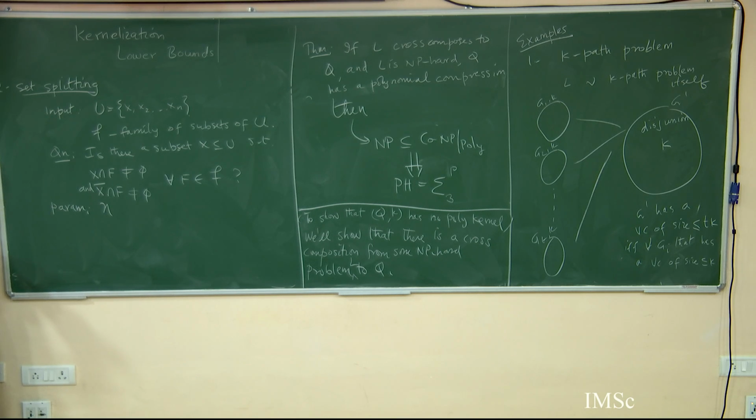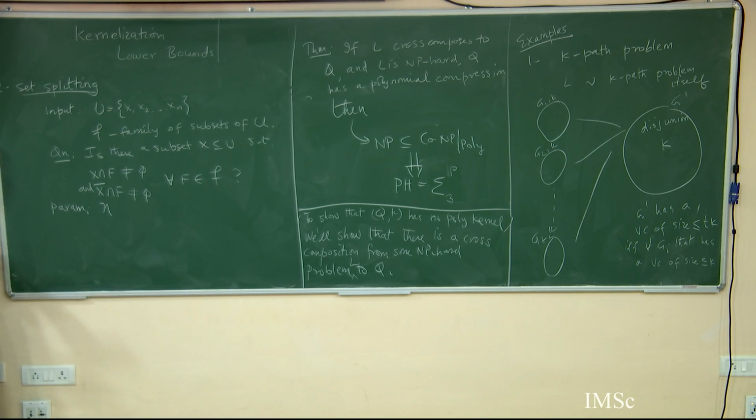Again, it's sort of counterintuitive. We are used to solution size as a parameter, but when n is a parameter, you try all subsets of my universe and check the intersection with every set in the family, right? So, it is 2 power n times the size of F.